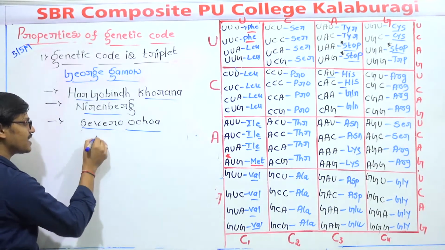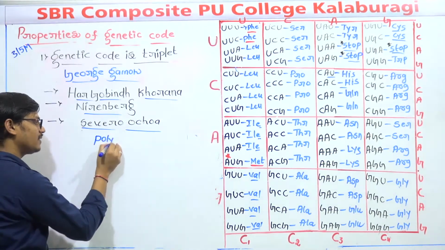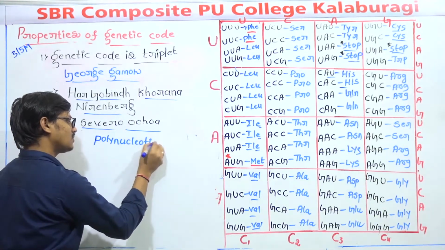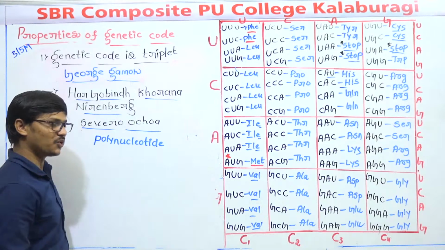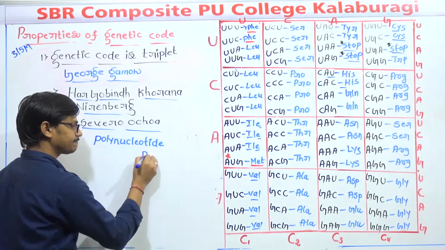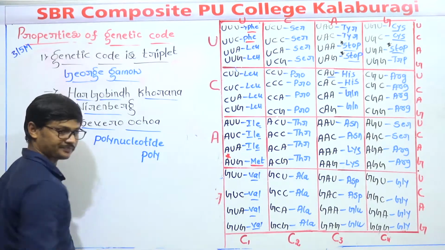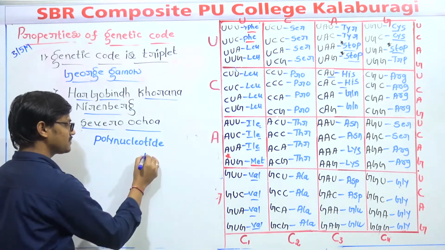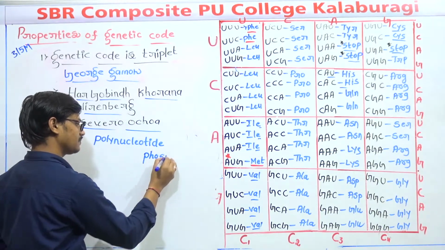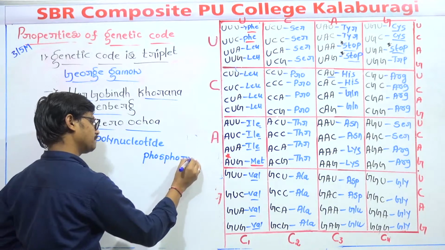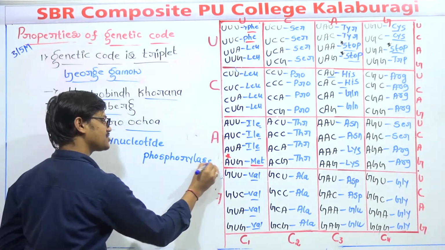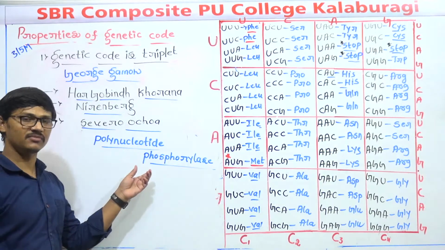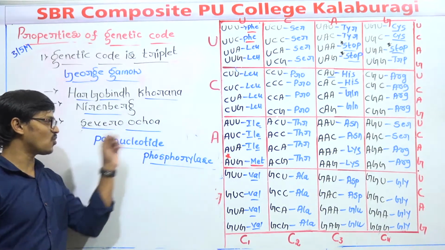The name of that enzyme is polynucleotide phosphorylase. Polynucleotide phosphorylase is the name of the enzyme discovered by Severo.